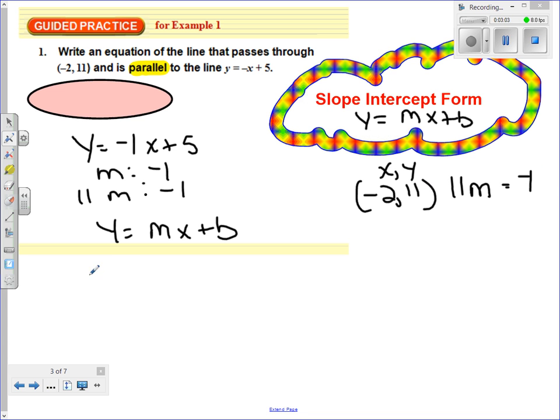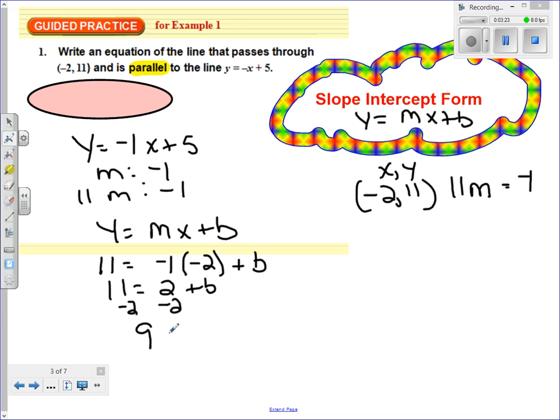Using this information, 11 goes in for y, negative 1 goes in for m, our slope, negative 2 goes in for x, and we're trying to find our y-intercept. So 11 equals negative 1 times negative 2 is 2 plus b, subtract 2. So I get a value of 9 for b, okay?